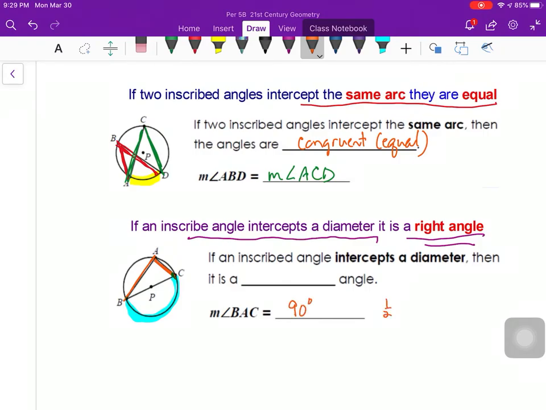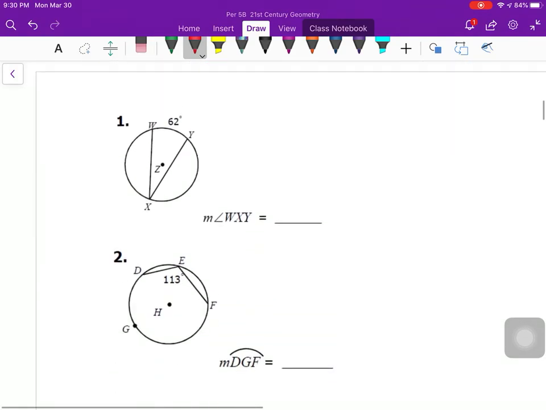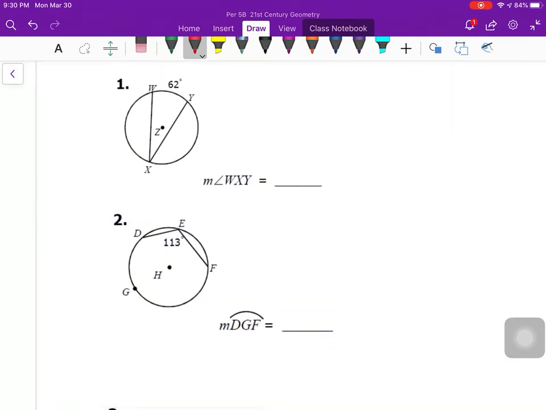So that means the measure of angle BAC will be half of 180. So it's 90. That's a right angle. If an inscribed angle intercepts a diameter, then it's always going to be a right angle, because the diameter would cut off a semicircle, half of a circle.